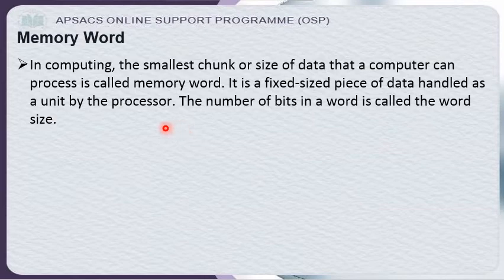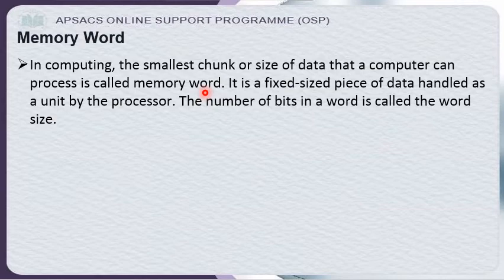So in computing, the smallest chunk or size of data that the computer can process is called a memory word. At the same time, the size of the data that the processor can execute is known as a memory word.